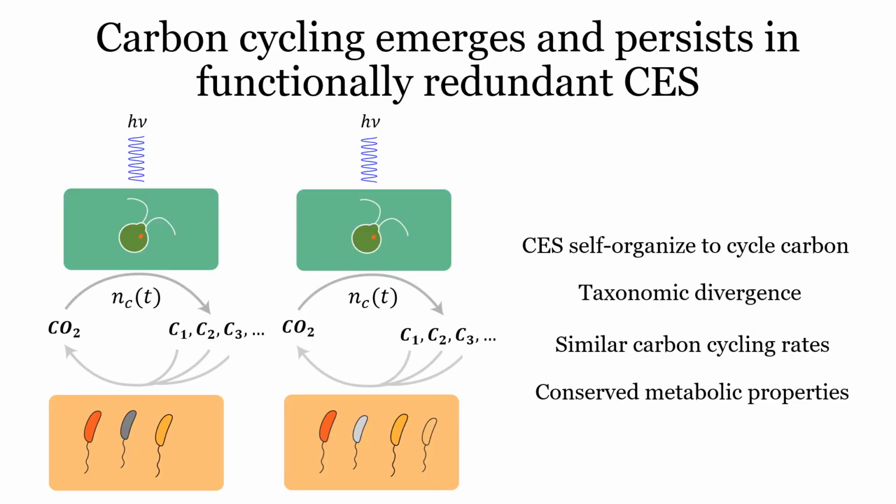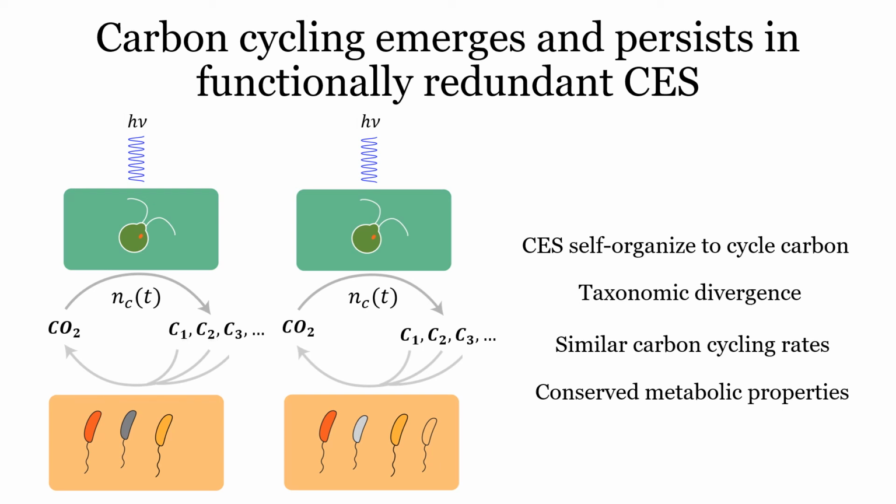Our experiment suggested that carbon cycling emerges and persists in functionally redundant closed ecosystems. This conclusion is based on 4 key observations. First, closed ecosystems robustly self-organize to cycle carbon. Second, self-organized community structure is not unique.